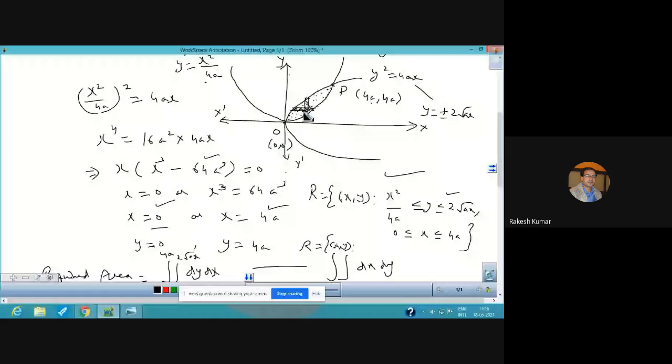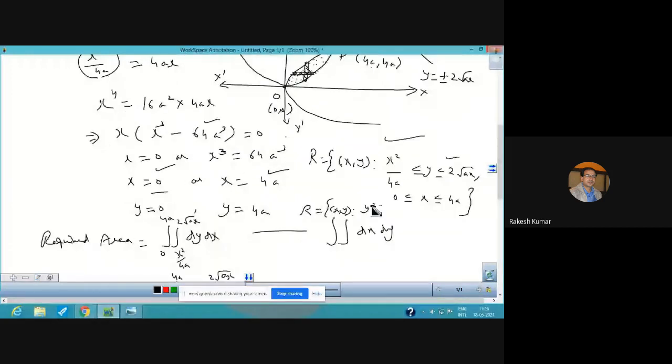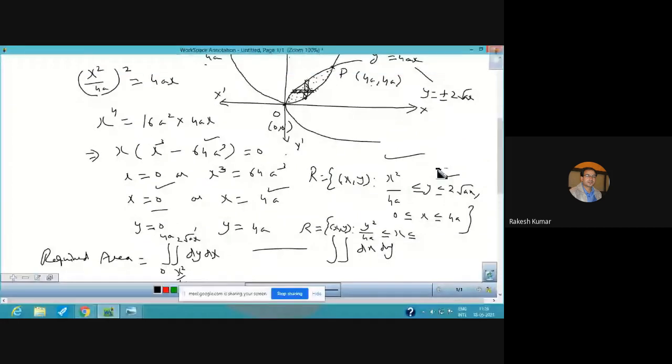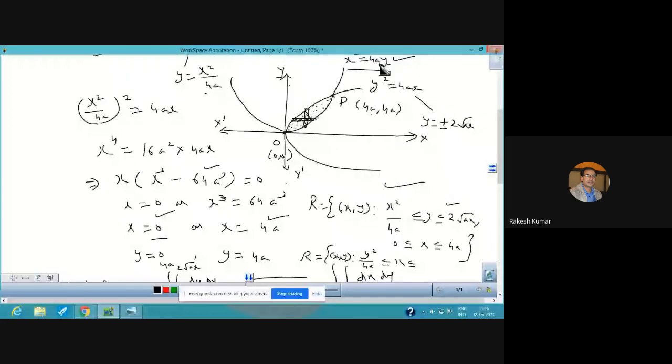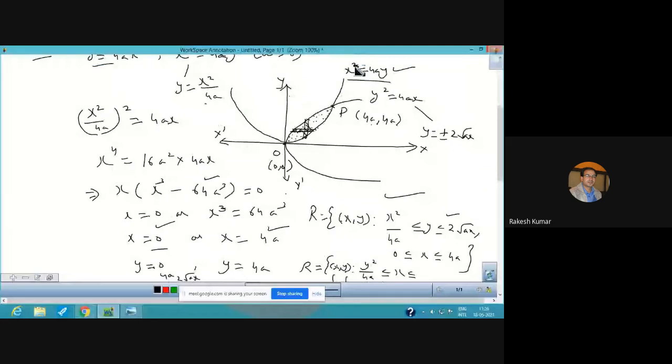So at this, the value of x is y square over 4a. So that will be y square over 4a, lower limit of x, and upper limit of x will be at this point, and the value of x from here you will have square, going to the other side it becomes square root, and that will be 2 square root ay. Positive value only we will take because we are in first quadrant.